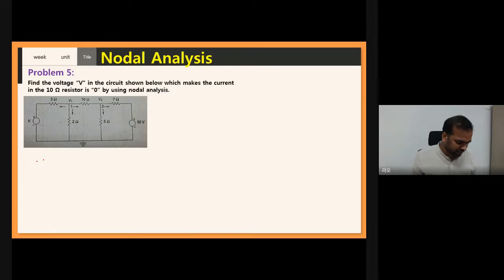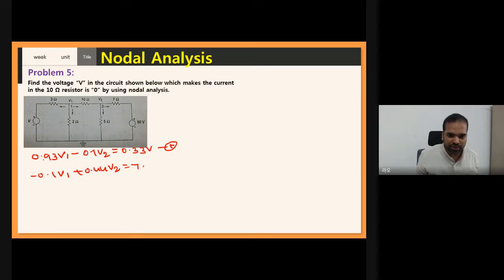So equation 1 is 0.93 V1 minus 0.1 V2 equal to 0.33 V. This is equation 1, and our equation 2 is minus 0.1 V1 plus 0.44 V2 equal to 7.14. This is our equation 2, and our equation 3 is V1 minus V2 equal to 0.